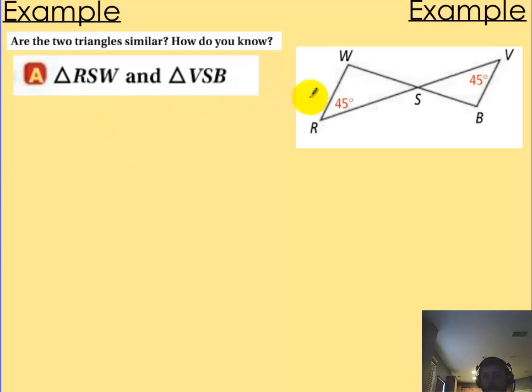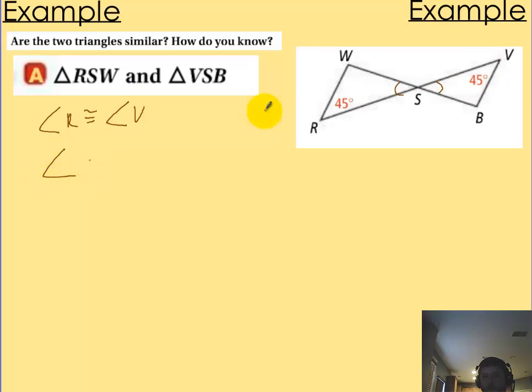Are these two triangles similar? How do we know? Okay, we know these are 45, and these angles are vertical angles here. So angle WSR and angle VSB are congruent. In each triangle, angle R is congruent with angle V because they're both 45.